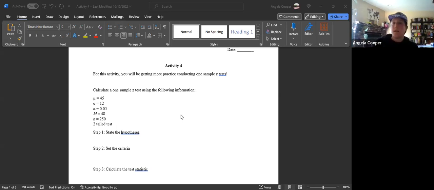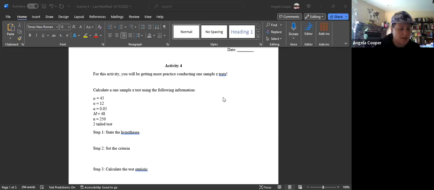So what I'm going to begin with is something that I always do, and you can see here in the one sample Z test example that I've already done this. One good thing to do is to always write out the information that the question provides you. So I see that the population mean is 45.